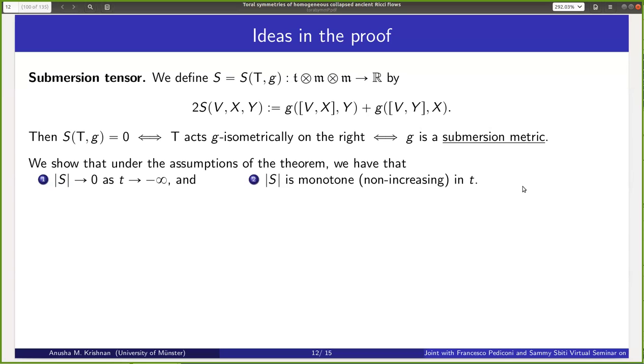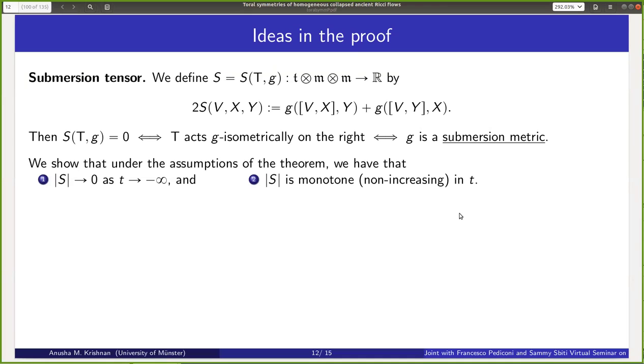And also that the norm of the submersion tensor is monotone, non-increasing in time. Okay, so the combination of these two facts, asymptotically you have toral symmetries, as well as this quantity being monotone non-increasing, tells you that in fact it must just have been dead zero. So that's the rough idea.